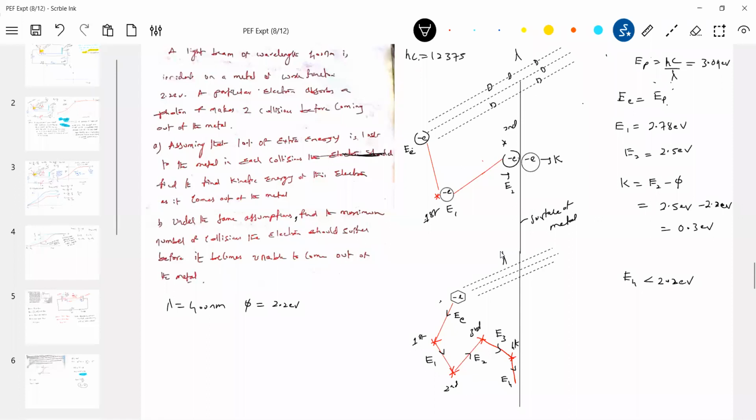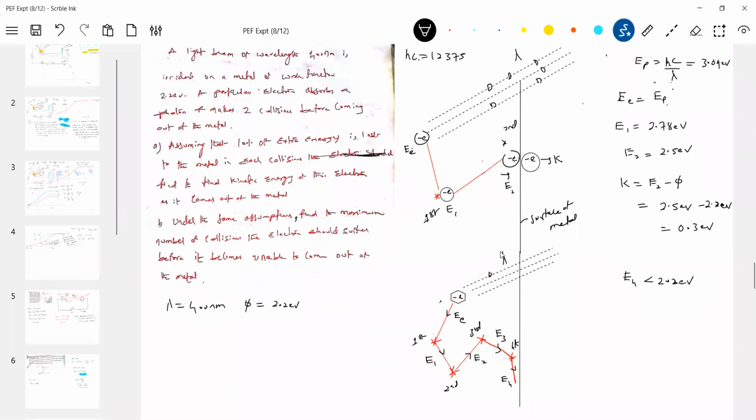Four collisions. After four collisions, the kinetic energy of the electron is less than the work function and it fails to come out. What will happen to this electron? It will just move randomly and keep colliding till it attains the temperature of the metal, thermal agitation. It will acquire the mean kinetic energy. So this electron, though it interacted with the photon, failed to come out.